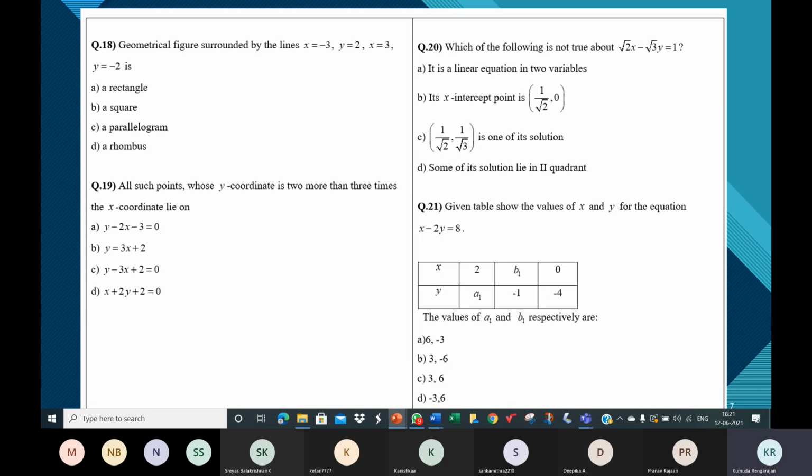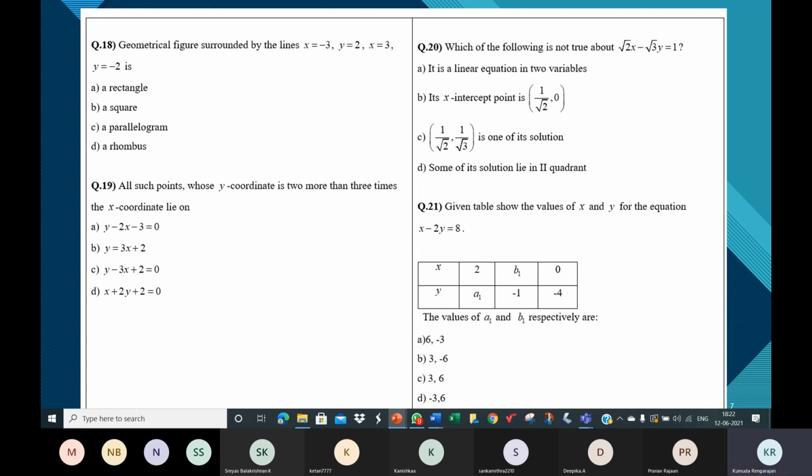No, please give me one correct answer, one correct option, children. Ma'am, minus 3, 6. Ma'am, D, ma'am. No, I understand the confusion. See, you should not put the values in the equation. Okay, fine, let me not confuse you.